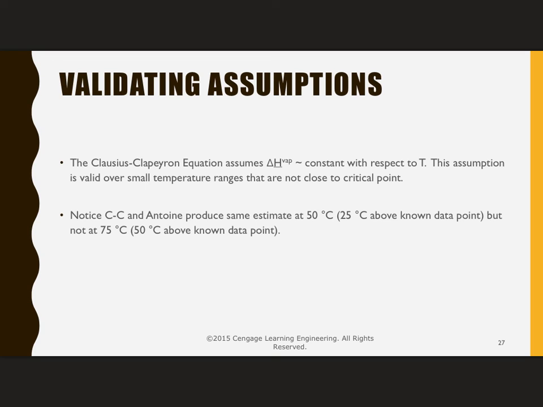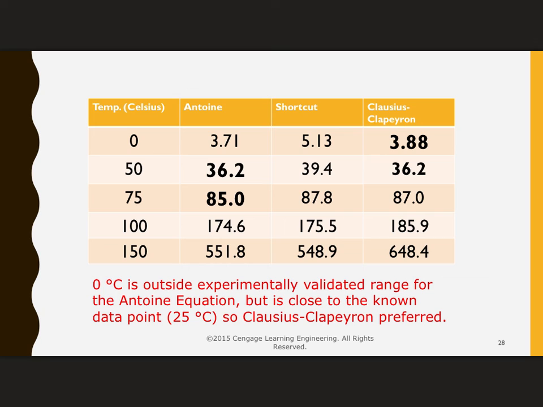0 degrees C is also not too far off. As we get up to higher temperatures, though, further away from 25 degrees C, it's not going to be quite as good for the Clausius-Clapeyron. So in fact, at 0 and 50, where we're just plus or minus 25, Clausius-Clapeyron is really good, okay?